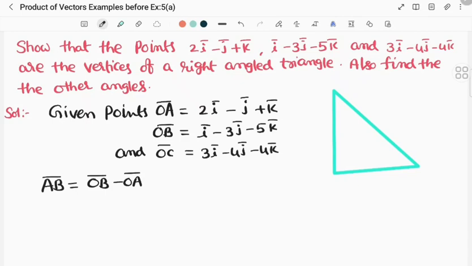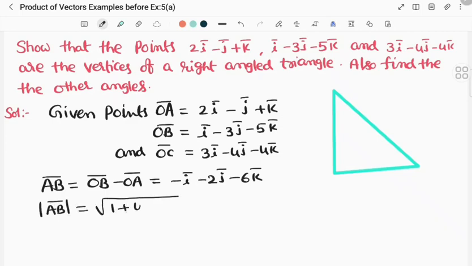Directly substituting, students: i minus 2i means minus i, minus 3j plus j is minus 2j, minus 5k minus k is minus 6k. So calculate the magnitude also. AB bar equals root over 1 plus 4 plus 36, so root 41. Keep it like this.